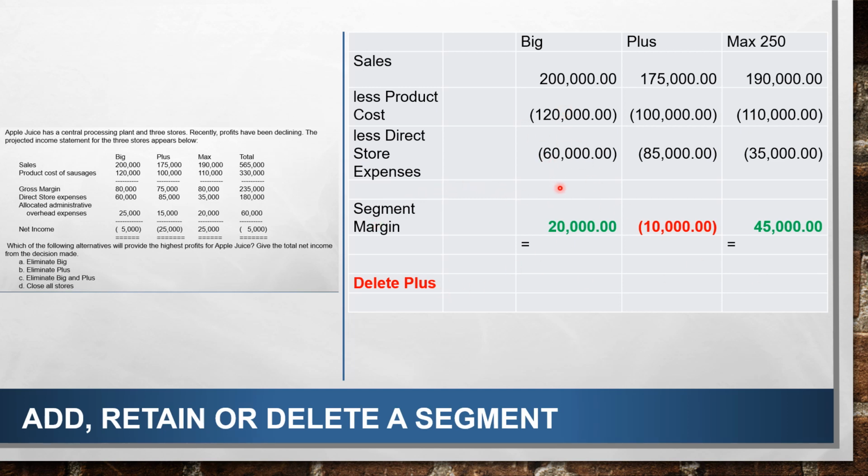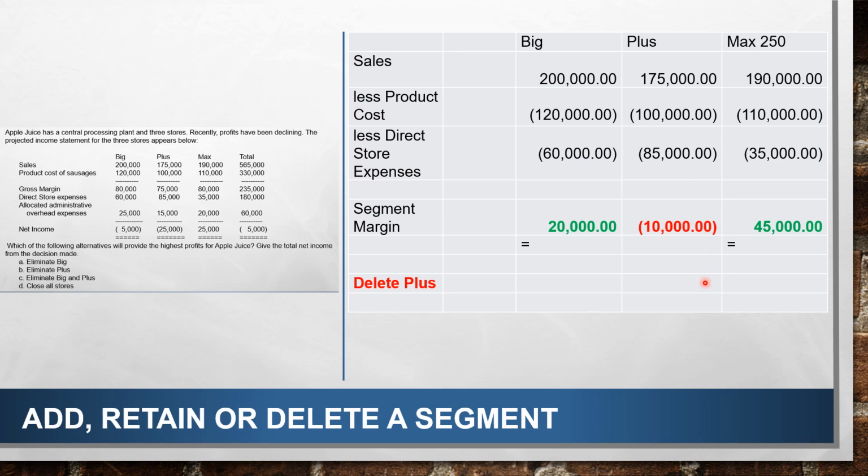So as you can see here, let's start with Big. Big has sales of 200,000 less product cost of 120,000 less direct store expenses of 60,000. So Big has a segment margin of 20,000. Let's go to Plus. Plus has sales of 175,000 less product cost of 100,000 less direct store expenses of 85,000.